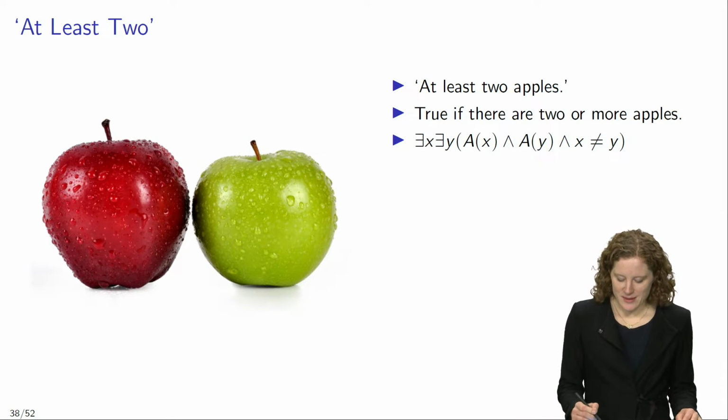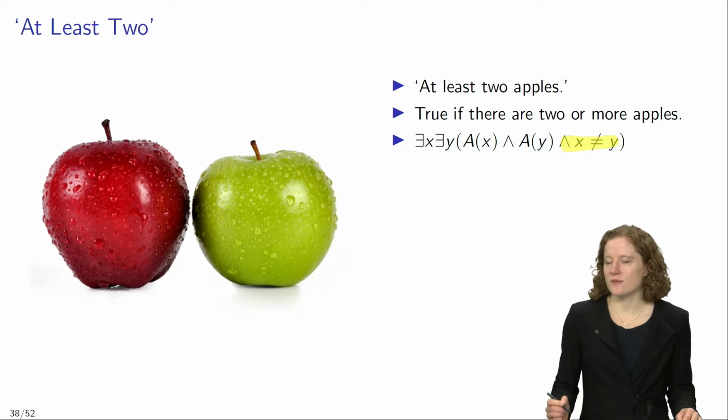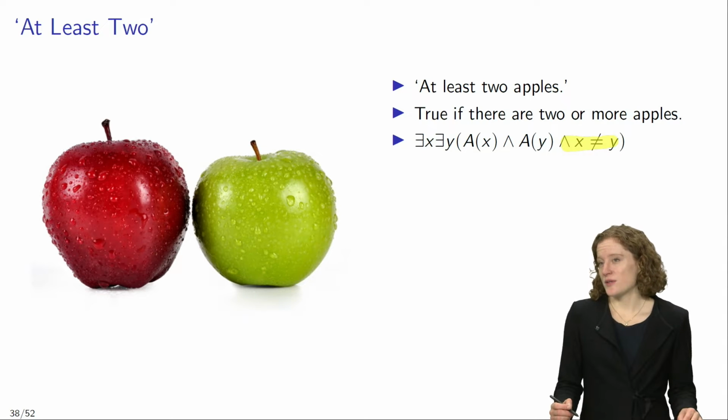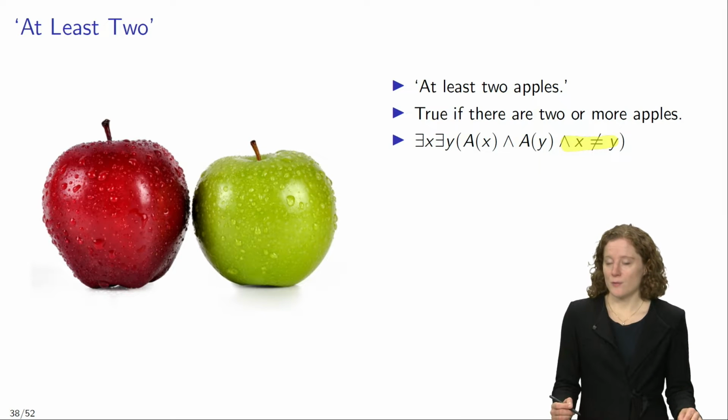So this last part is really important. You need to say that x is not identical to y. The sentence without this conjunct would be true even in scenarios in which there is only one apple, and we want to exclude that possibility.